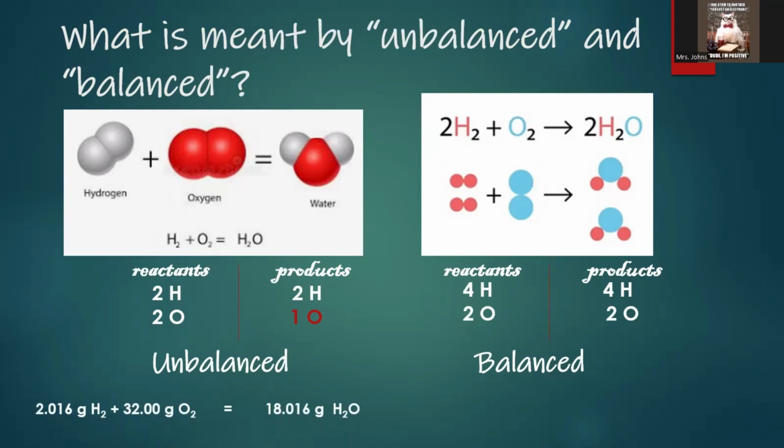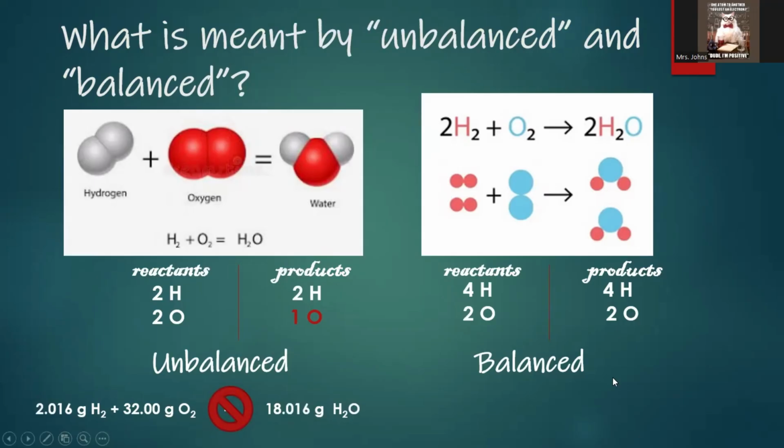Alternatively, to demonstrate the law of conservation of mass, none of the grams disappear either. If you add the masses of the hydrogen gas plus the oxygen gas, it should yield the same on the product side. Here it does not. 18.016 grams does not equal this total.